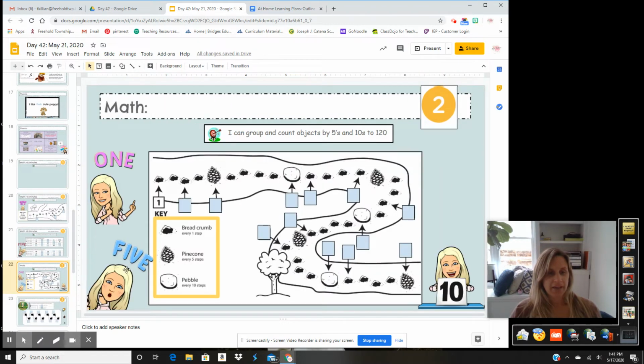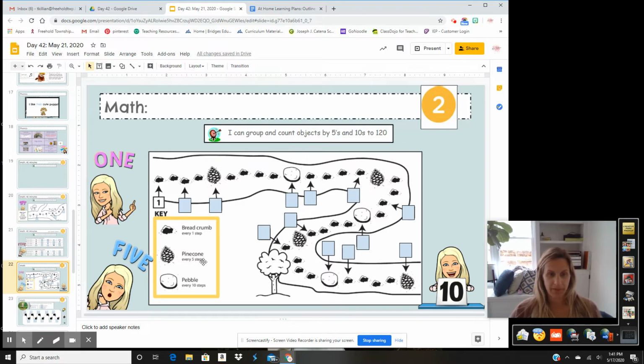On the next slide, we have a very important key. So you're looking at a trail, kind of like you're a bird up in the sky, looking down at what Hansel and Gretel have left for us. So we have breadcrumbs, which they put down at every step they took. Then we're looking at the pine cones.